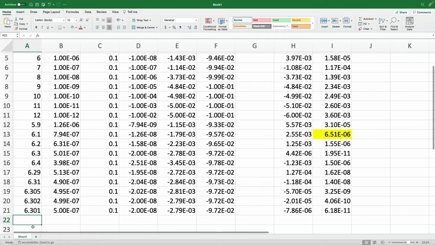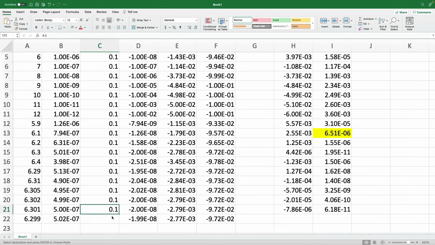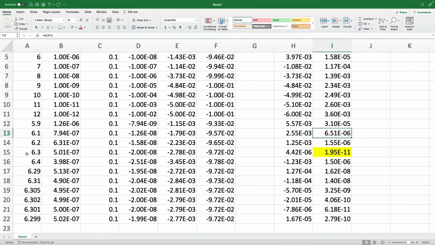No. Let's try this. 6.299. Well, I think this is actually the closest. I'm going to call this the pH that it's going to be. pH 6.3 is going to be the pH of our final system.